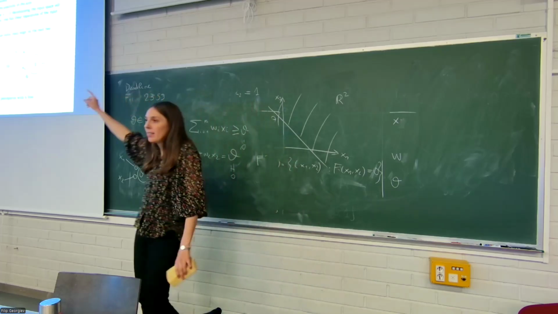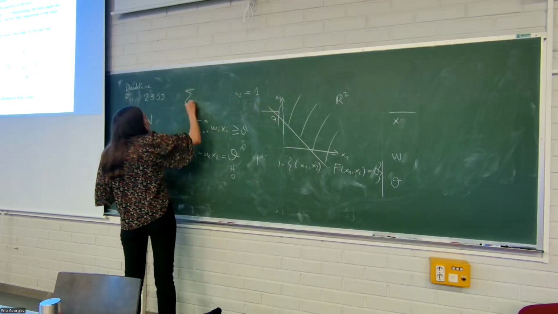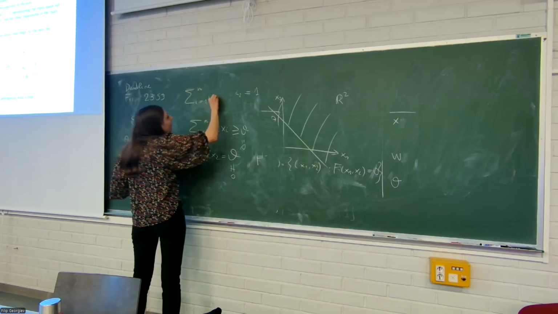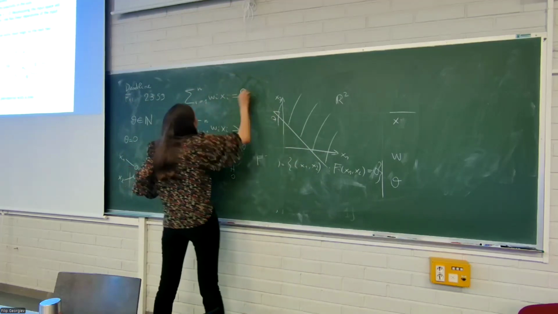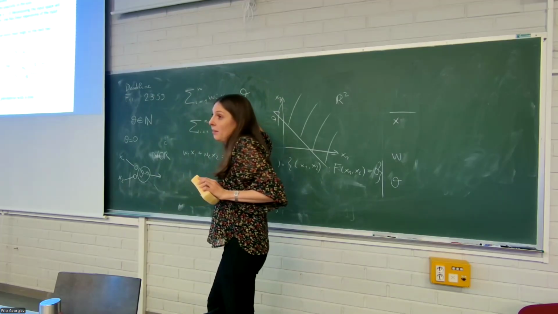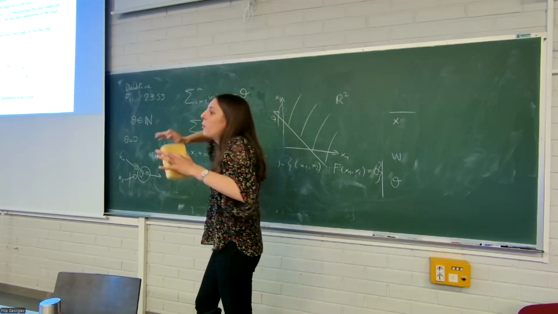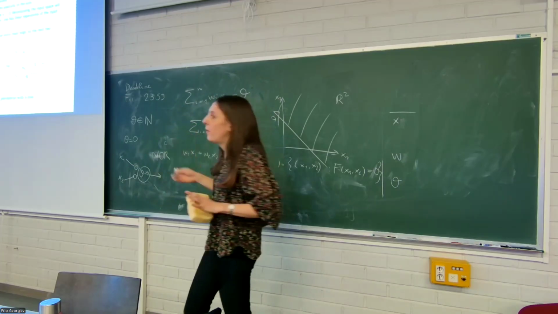Same for the hyperplanes. So in the general case, whenever you have something with this equation, this is a hyperplane, but it doesn't pass through the origin if this is not 0. So it's cooler to deal with hyperplanes that go through the origin.